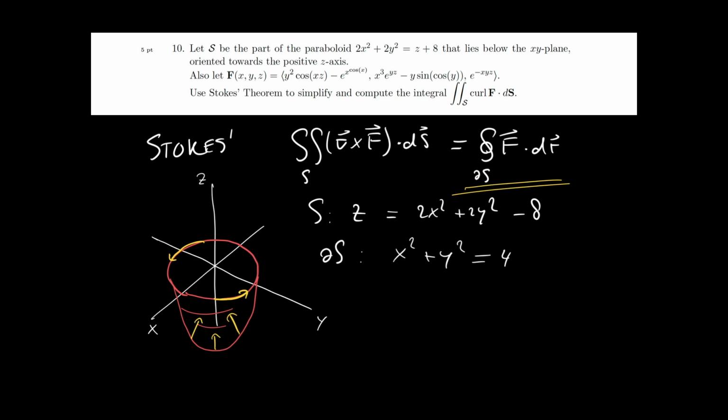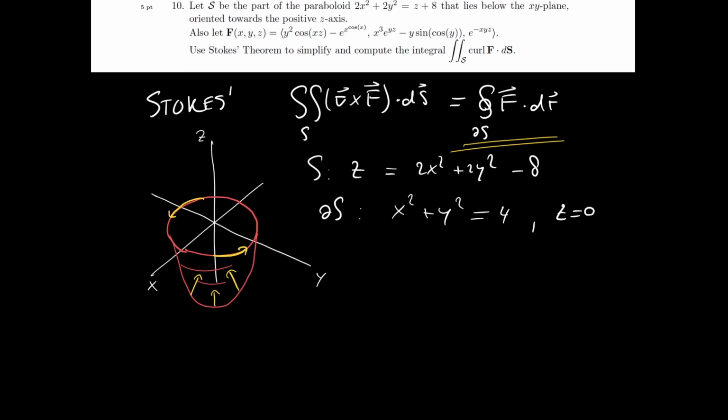And the good thing about it is that the boundary is located in the plane where z is equal to 0. By the way, let me add that to this description. Z is equal to 0. And if z is equal to 0, that will at least perhaps simplify our vector field quite a bit. So let me evaluate the vector field at z is equal to 0. Well, what is it?